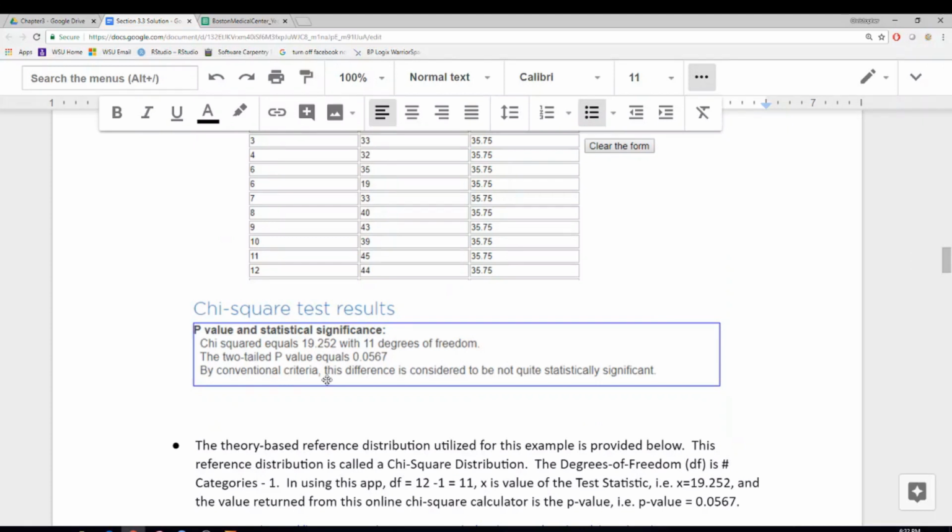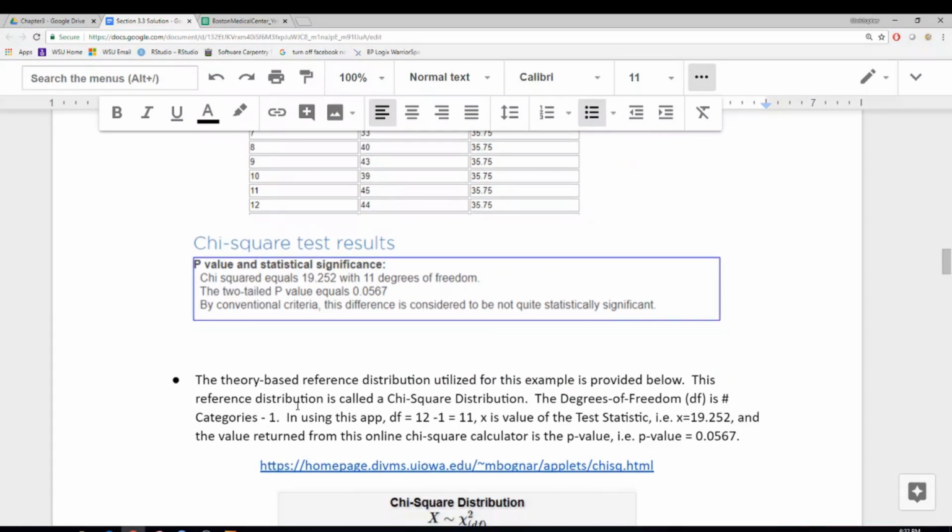We saw that value up above when we added up all of those cell contribution values. The two-tailed p-value here is 0.0567. That's exactly the same that I got in my spreadsheet. And then it's telling you by conventional criteria, this difference is considered to be not quite statistically significant. So there they're using that kind of vague, marginal language, not quite statistically significant.